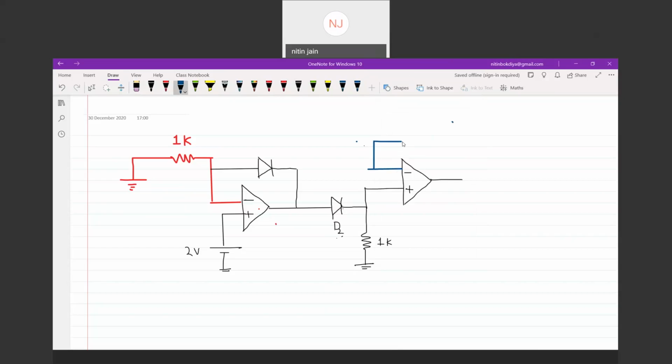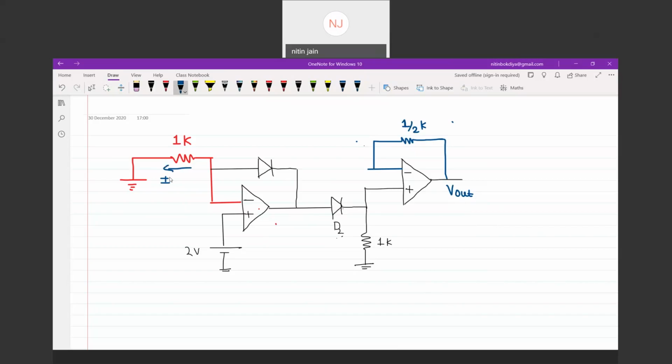This value is V out, and V out is equivalent to 1 by 2K. This resistance is 1K. These two diodes are here, and I am interested in this current I. What is the value of current I in the circuit?